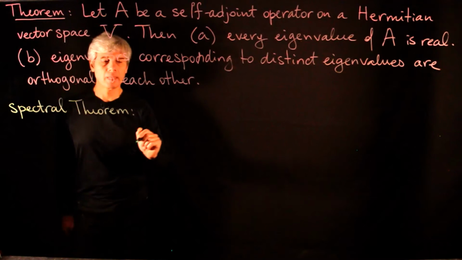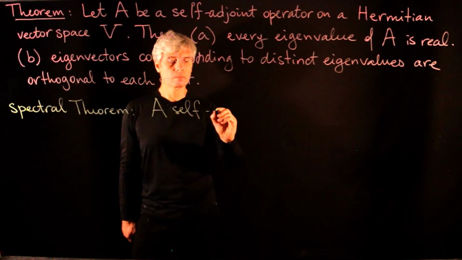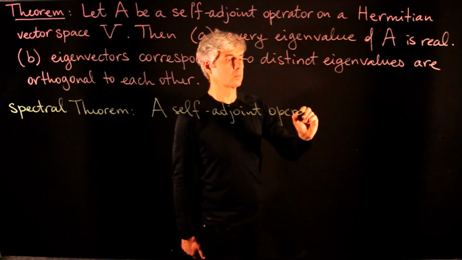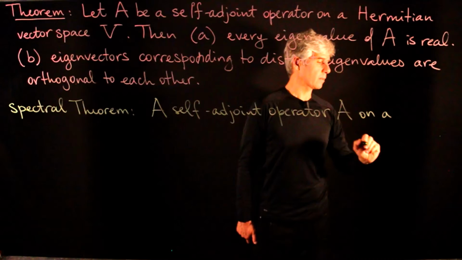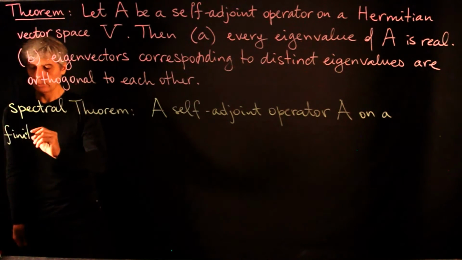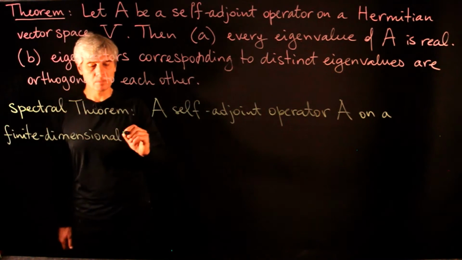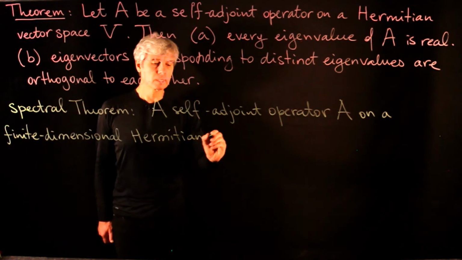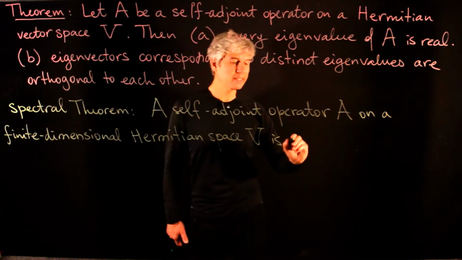A self-adjoint operator A on a finite dimensional Hermitian space V is diagonalizable.